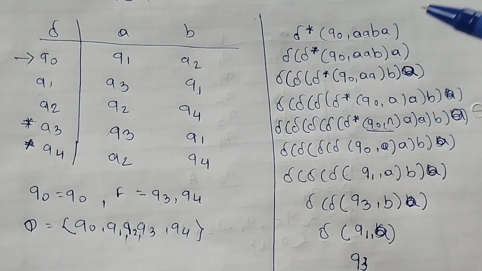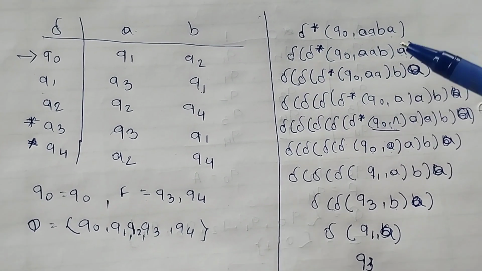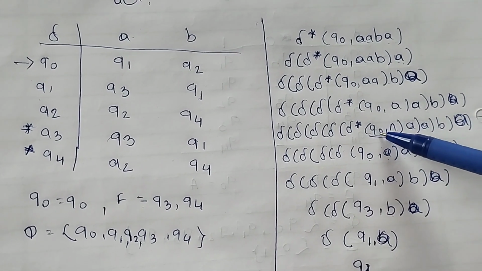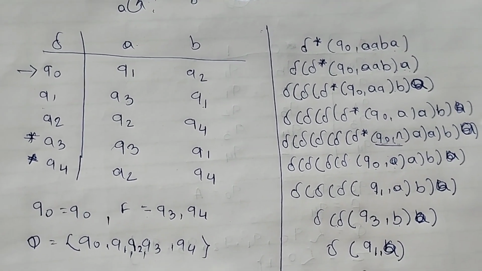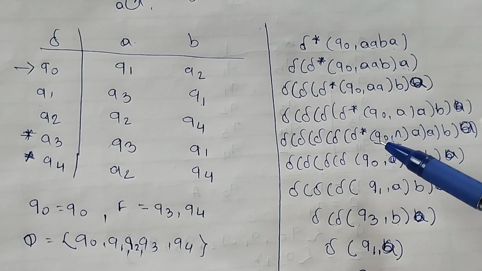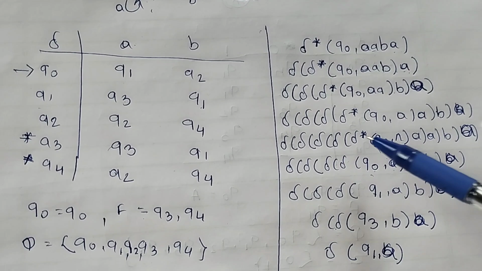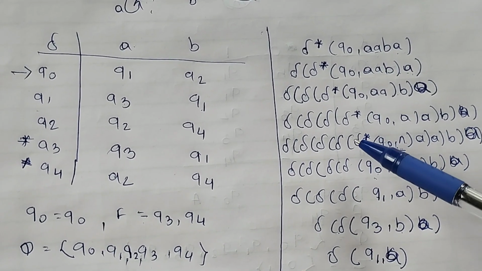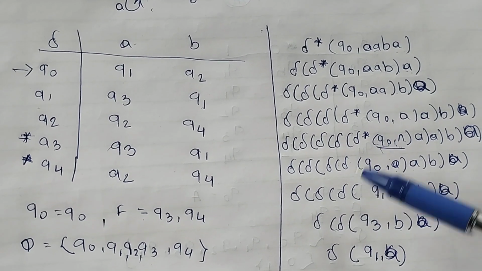Which steps do we follow? First, separate all these variables by adding 1 delta. Then when we reach the null, any state reads null itself. So we merge this Q0 and null as Q0 itself, and we do not write 1 delta. We decrement the delta by 1.